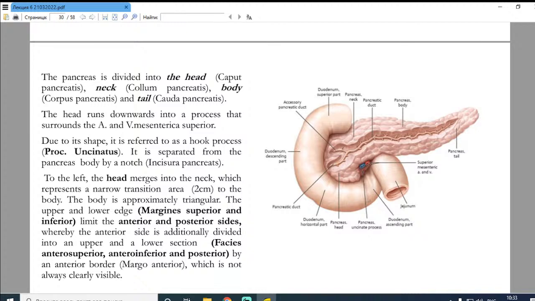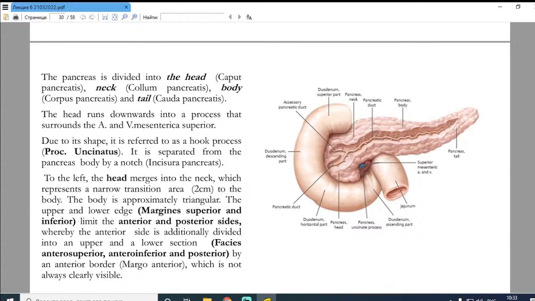The head runs downward into a process that surrounds the arteria and vena mesenterica superior. Due to its shape, it is referred to as the hook process, processus uncinatus. It is separated from the pancreas body by a notch, the incisura pancreatis.